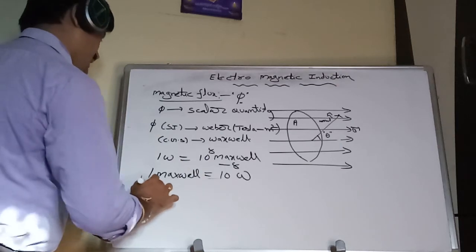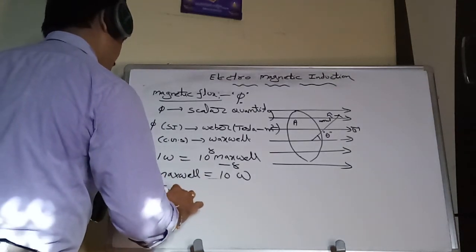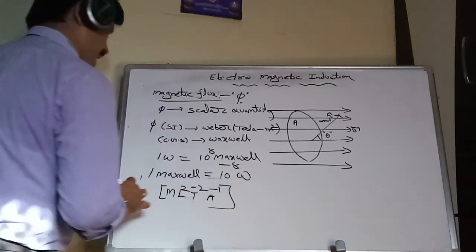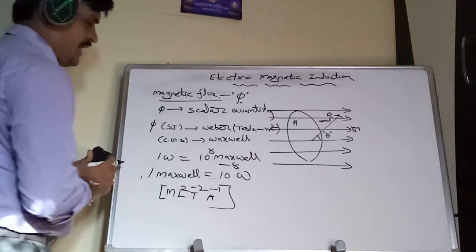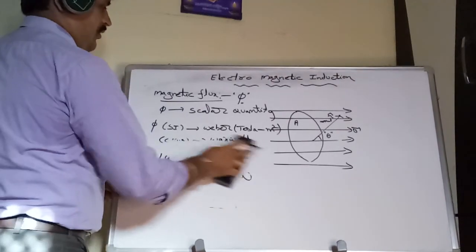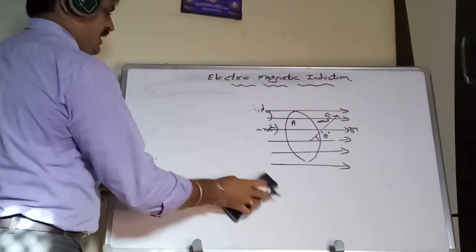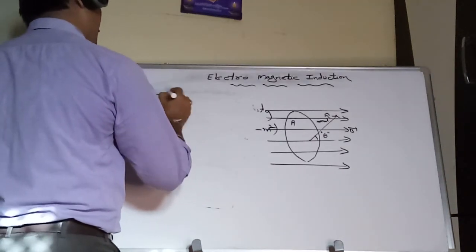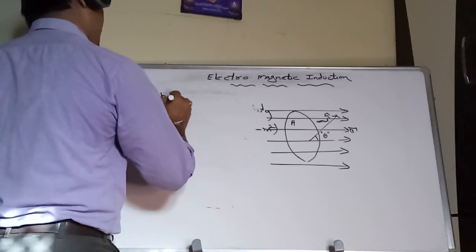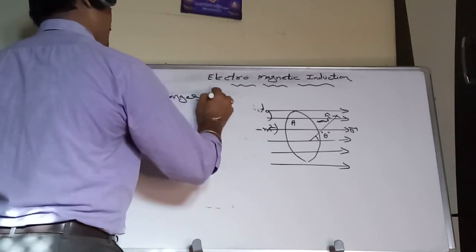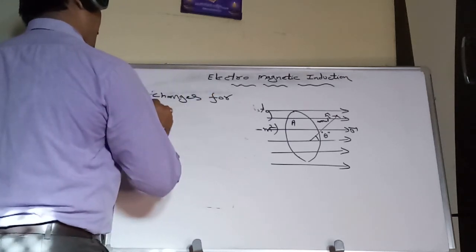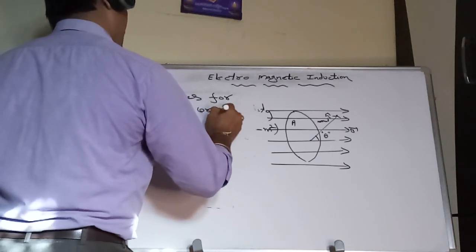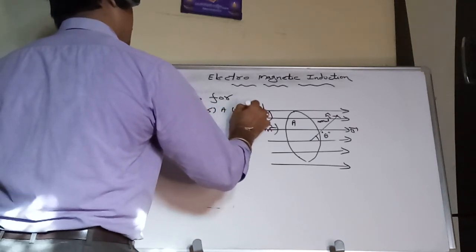This is a scalar quantity, and the dimension formula is M L square T minus 2 A minus 1. Phi changes with N, B, A, or theta.